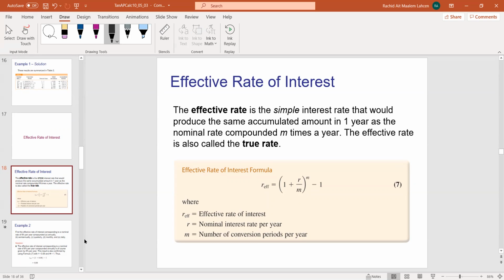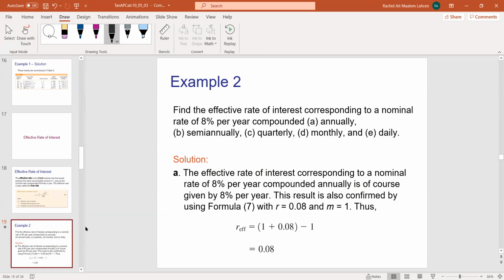This is the formula for it. It's the connection with the nominal rate. You're given, let's say, 8% as the nominal rate, and you want to find the true rate or the effective rate, depending on how many times this thing is compounded. So let's do some example. We'll keep the same example so I understand what's going on.